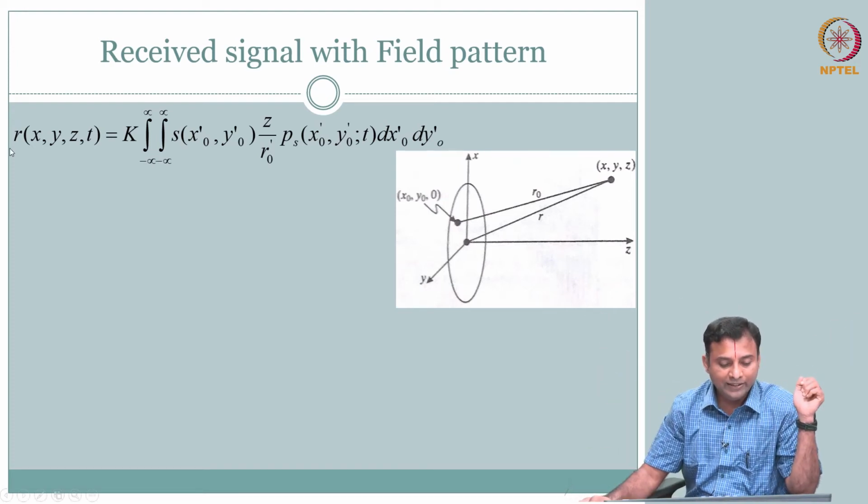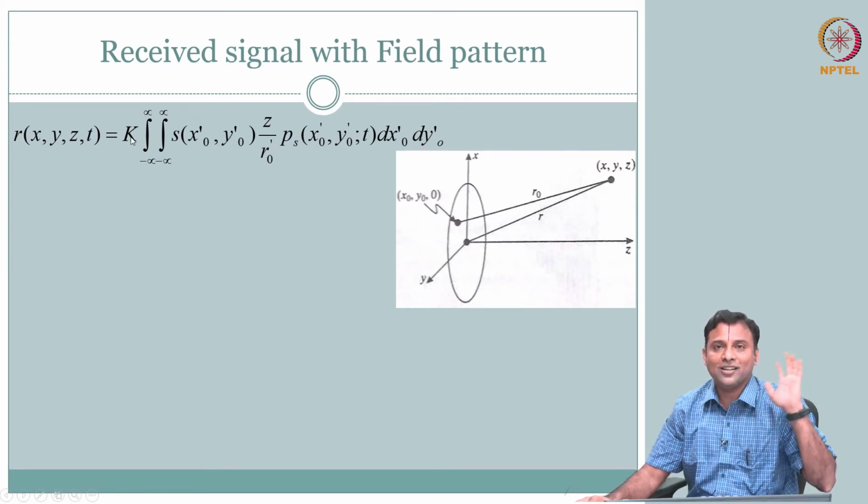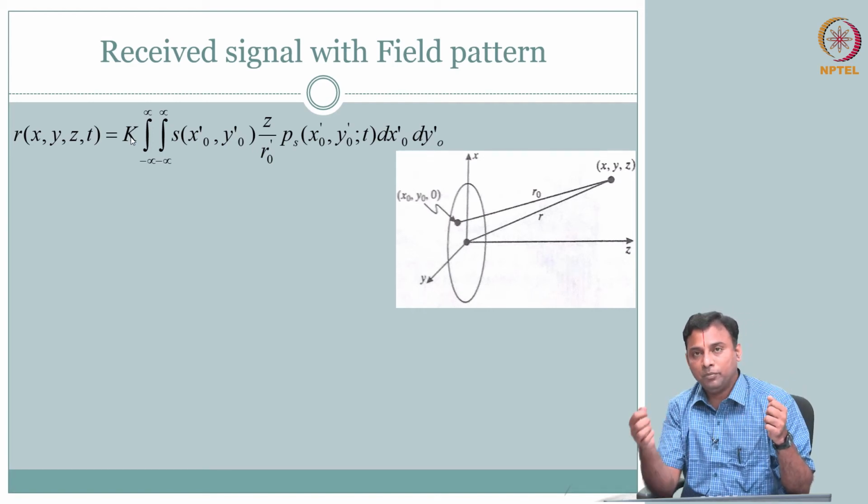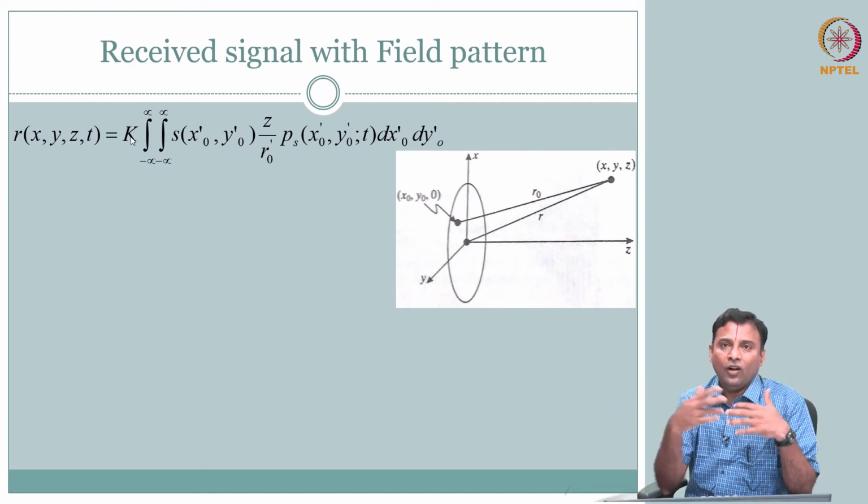So the received signal is nothing but what came out, the spherical wave that got reflected and came back, times the reflection coefficient R, and some constant that has to do with essentially your efficiency of conversion, for example, from electrical to pressure and pressure to electrical, all those things contribute.